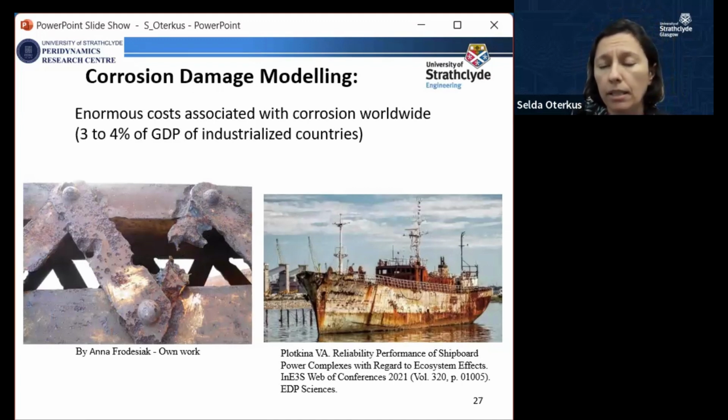If we can make any improvement in corrosion mechanisms, it will bring us significant benefits. And by using our peridynamic methodology, we can simulate how corrosion starts and how it can evolve, so that we can take necessary actions before corrosion damage happens.